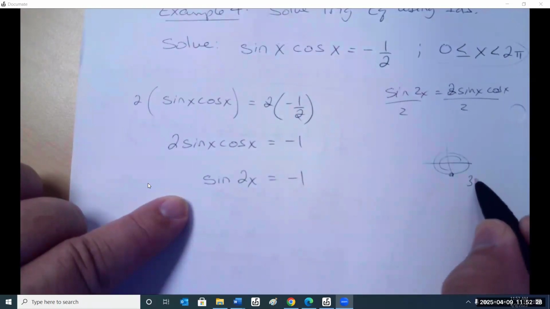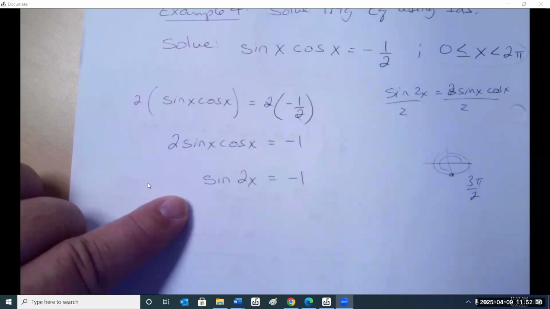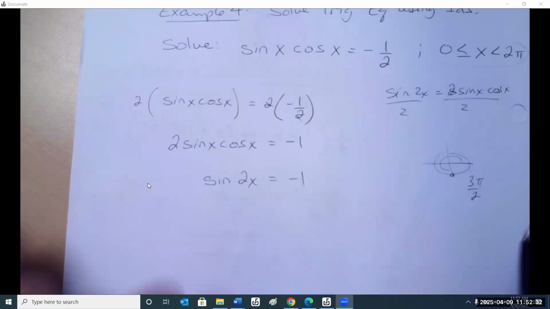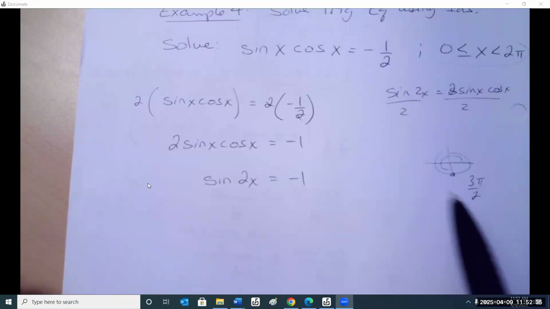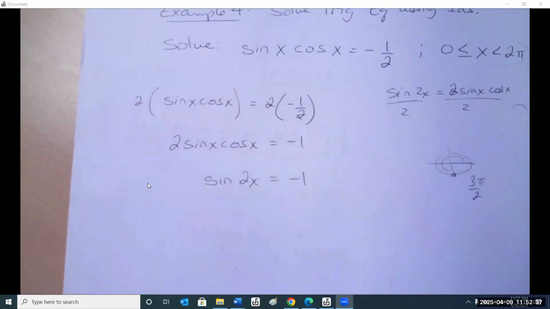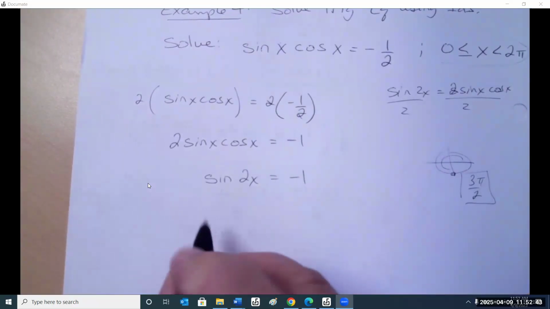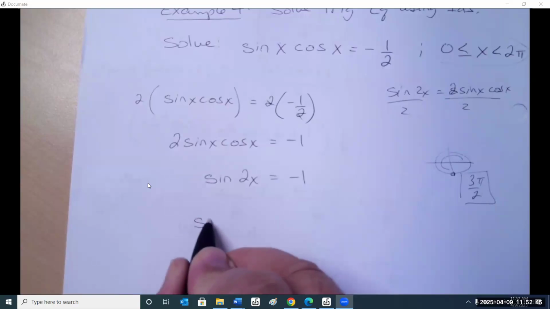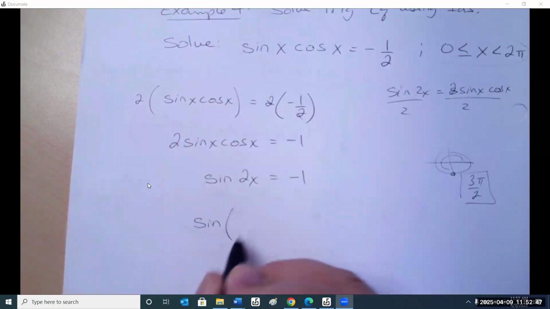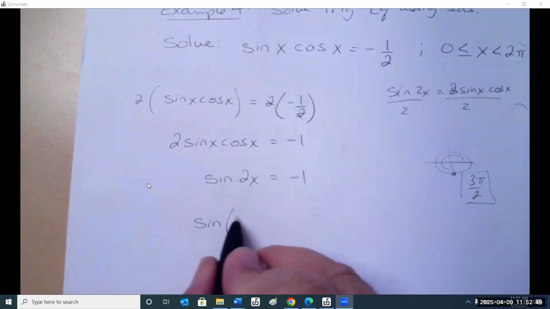Yeah, at 3 pi over 2. So we know that our equation has to be some form of 3 pi over 2. So our sine of 2x, the angle has to be that.